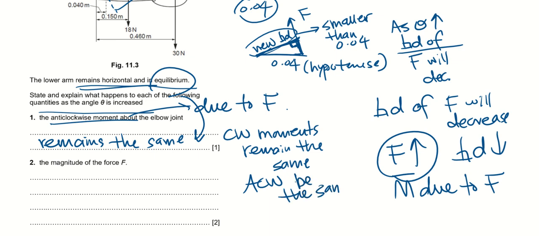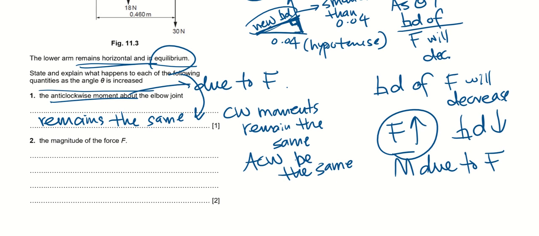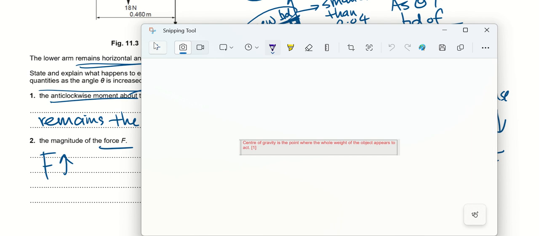But then something must change, right? Because the perpendicular distance of F to the pivot has decreased, therefore force F must increase. Force F must increase. I think I just copy the answer.